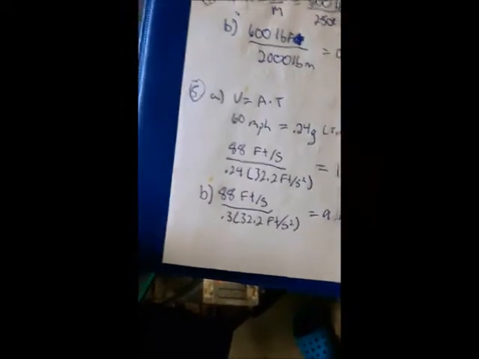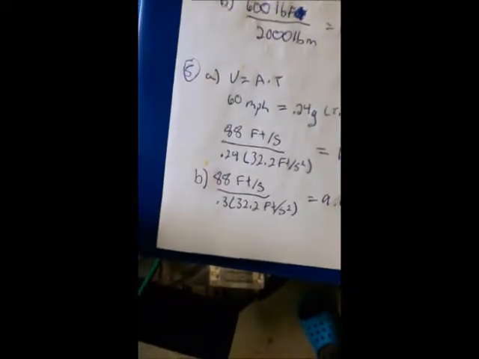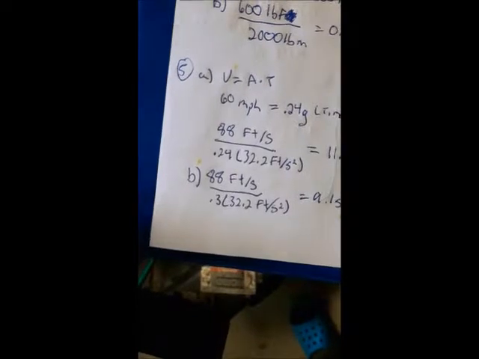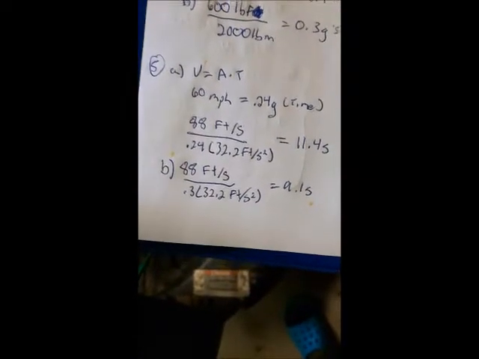Now, we want to know what time is, so we would take 60 miles per hour, which is about 88 feet per second, and divide it by 0.24 times 32.2 feet per second squared, which gives you 11.4 seconds.